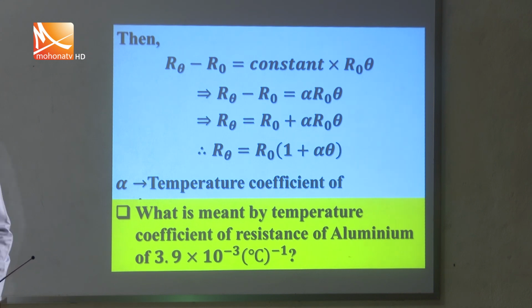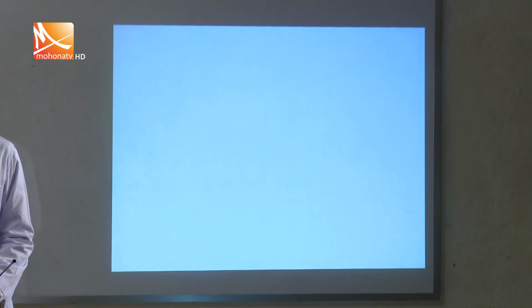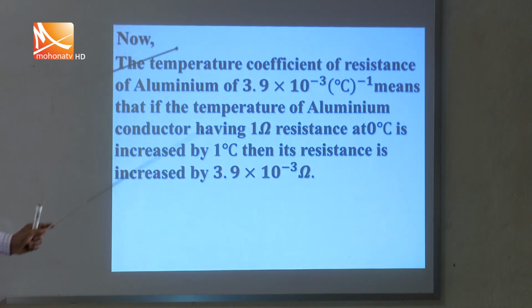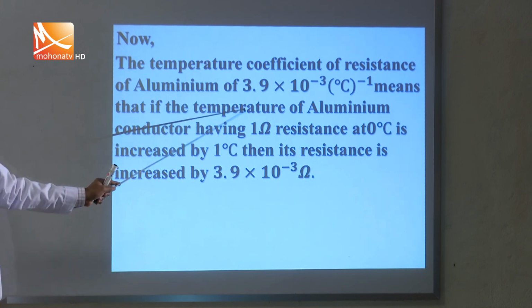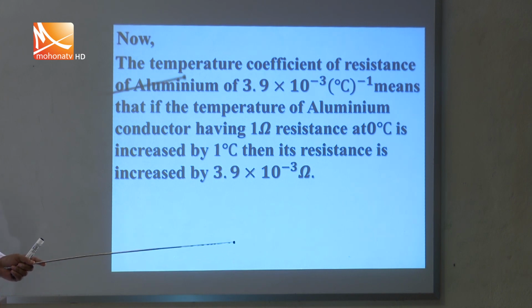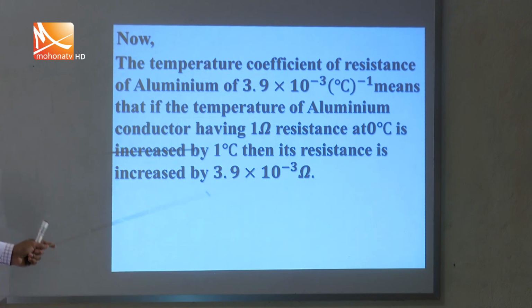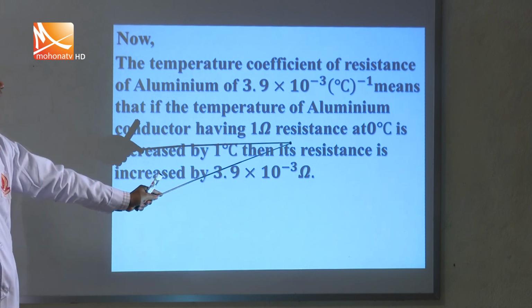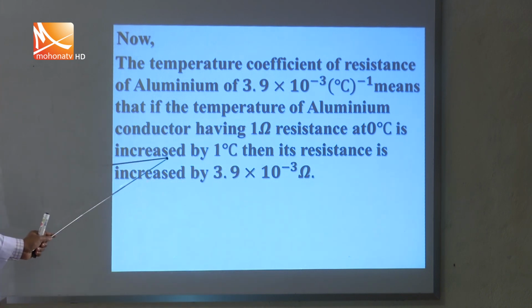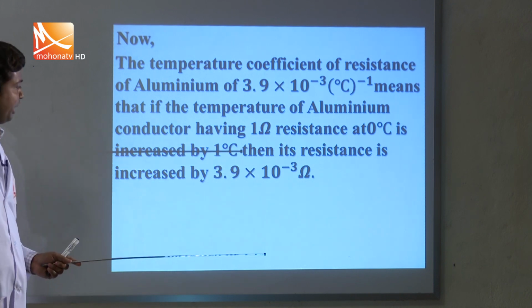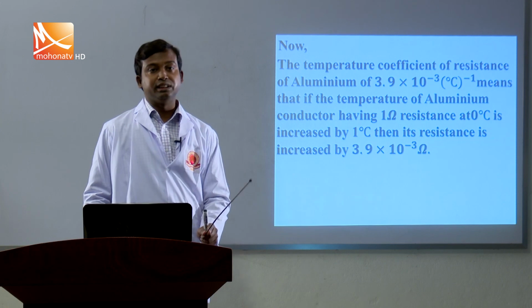In my next slide, you will get the answer, and this is the next slide. The temperature coefficient of resistance of aluminum of 3.9 times 10 to the power minus 3 per degree Celsius means that if the temperature of an aluminum conductor having 1 ohm resistance at 0 degree Celsius is increased by 1 degree Celsius, then its resistance will increase by 3.9 times 10 to the power minus 3 ohm.